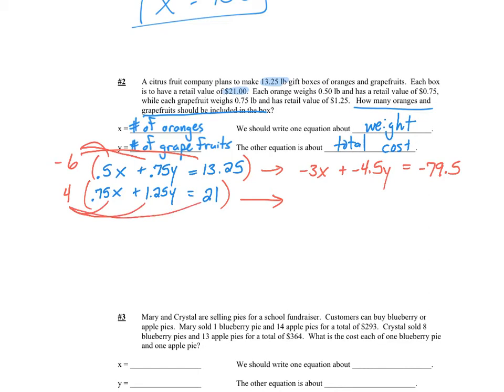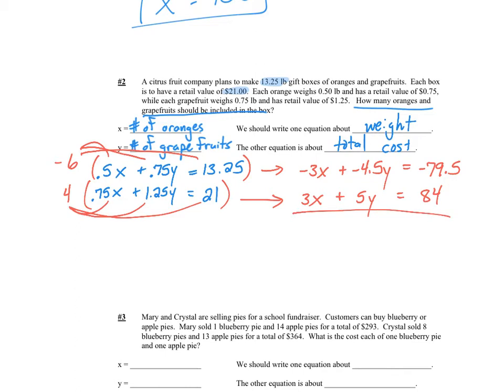The second equation, 4 times 0.75 is 3x. 4 times 1.25 is 5y. And 4 times 21 is 84.